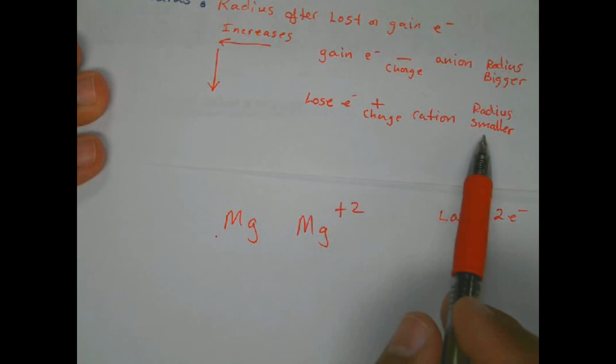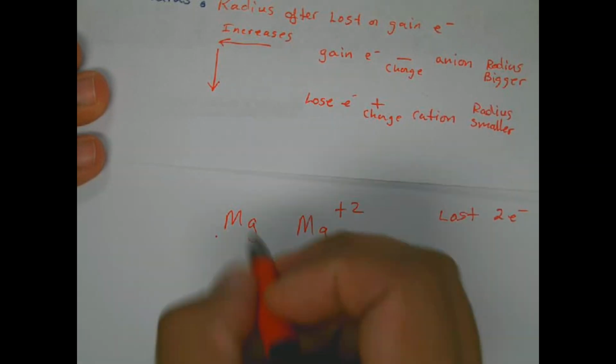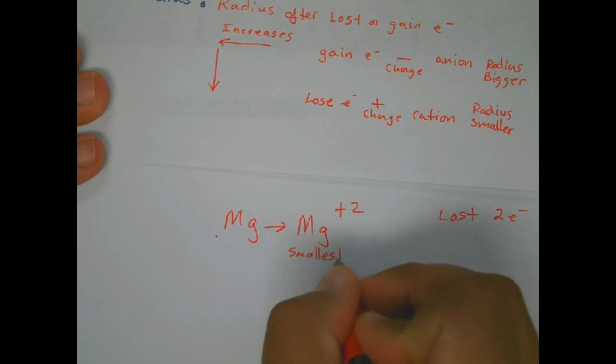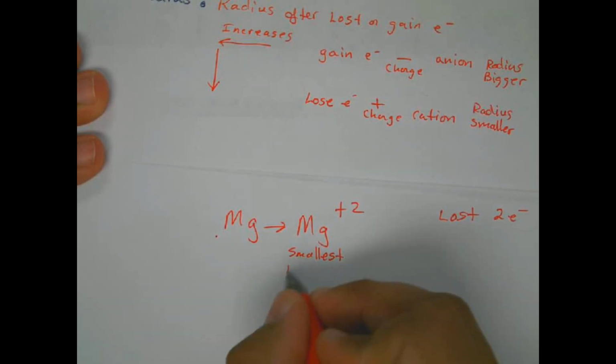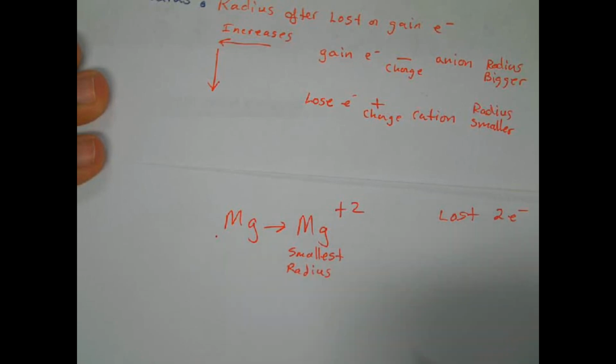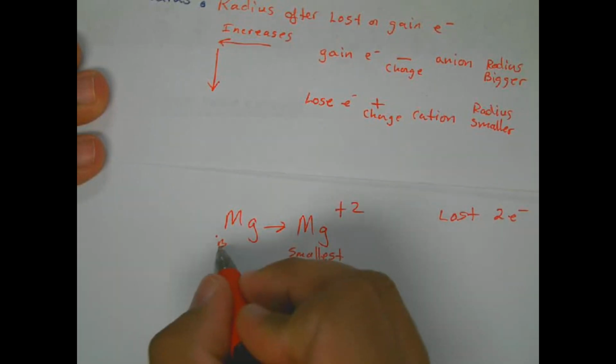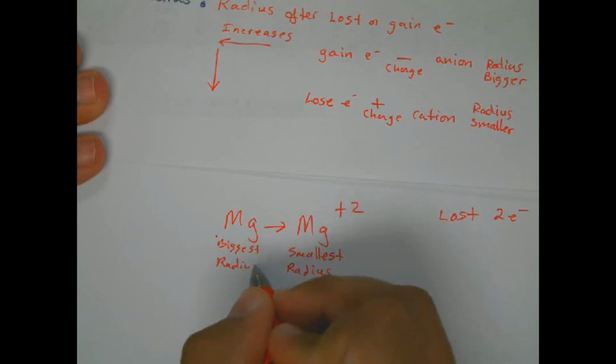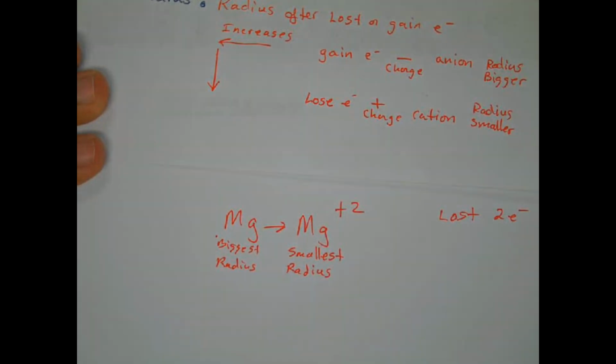Positive 2 means you lost 2 electrons. So what's going to happen to the radius of this guy? It's going to get smaller. So that means he has the smallest radius, which means the neutral magnesium has the biggest radius when comparing.